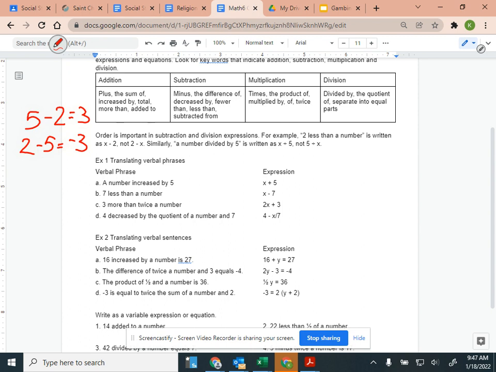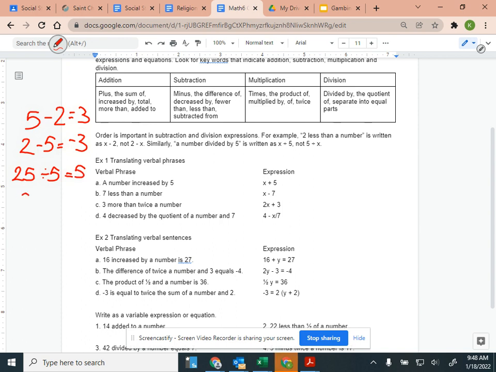So same thing with dividing. A number divided by 5 would be x divided by 5. So if 25 is our number, 25 divided by 5 equals 5.